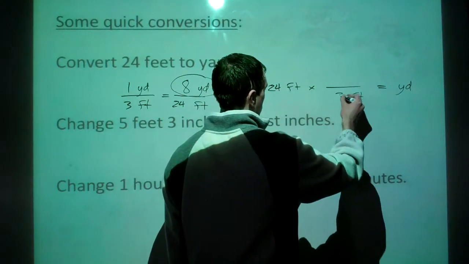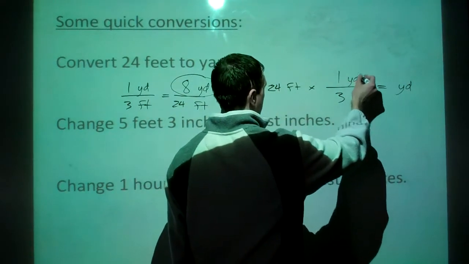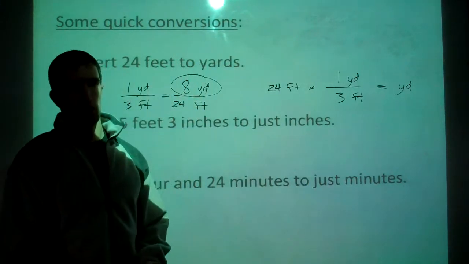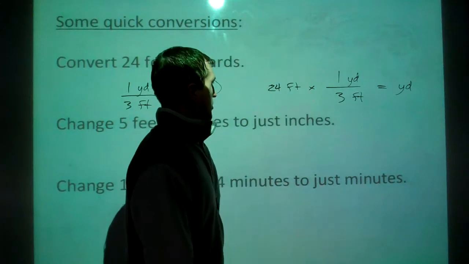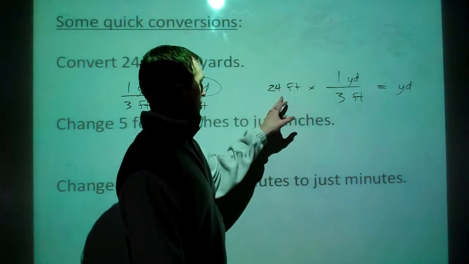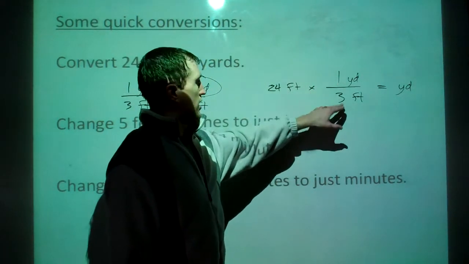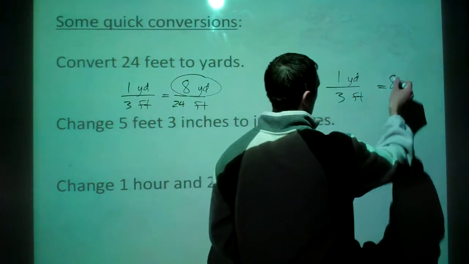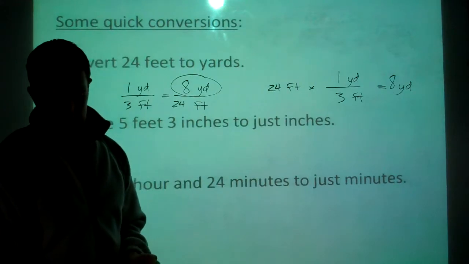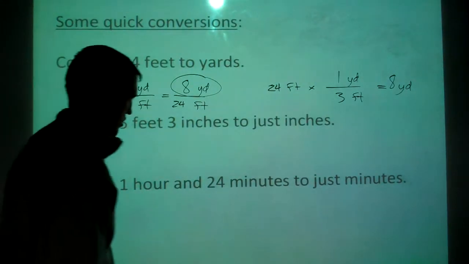And we know that 3 feet equals 1 yard. And at this point, you multiply it by things that are on the top and divide by things that are on the bottom. So 24 times 1 is 24, divided by 3 still gets you that 8 yards. Okay. We'll get into more of that later too.